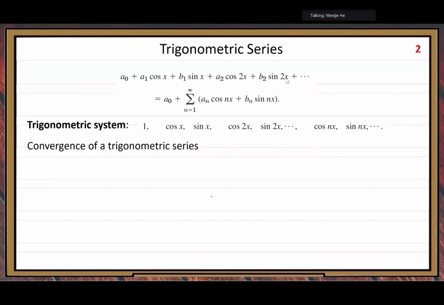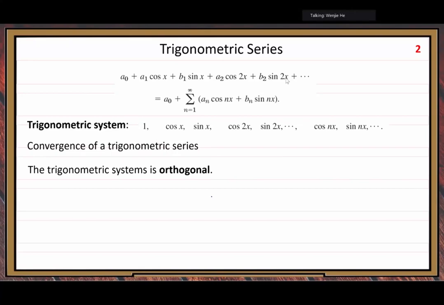Convergence of a trigonometric series is another important question, and later we will look at it. The trigonometric system is orthogonal. We need to use this property to calculate the Fourier series.